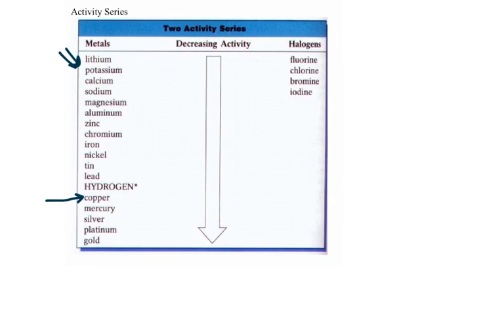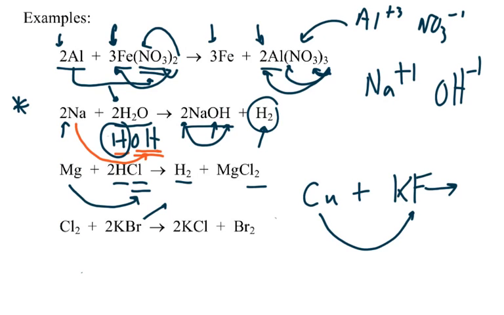Look what happens. When the one that's trying to cut in, in this example it's copper, is lower than the one that we're trying to replace, which is the K over here, it's not going to replace it. This is the reason we need the activity series. What's going to happen is copper will not kick out potassium.